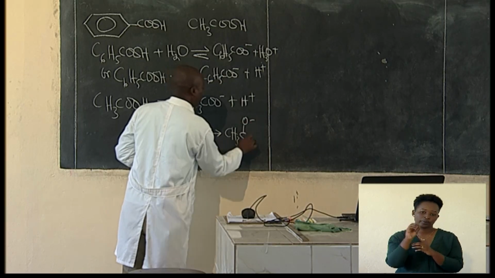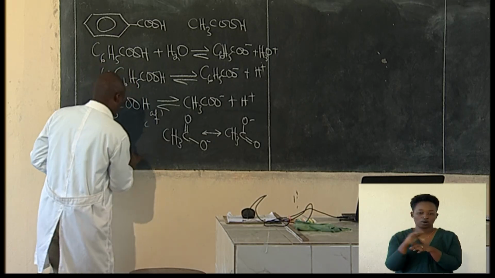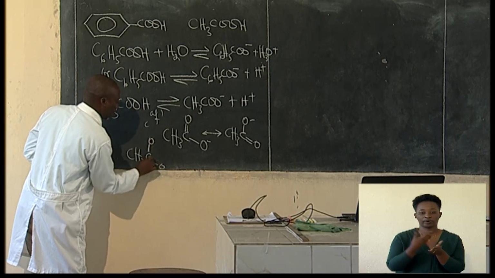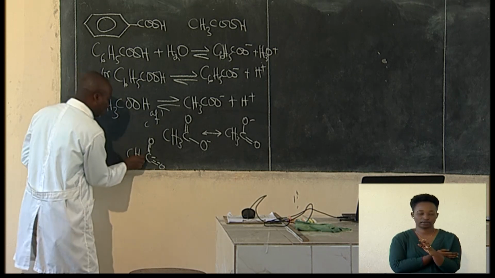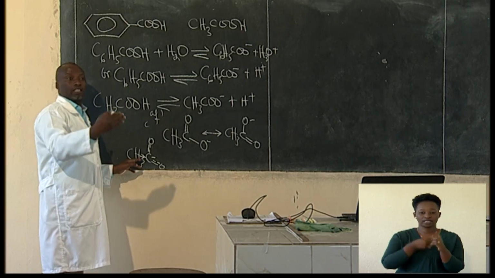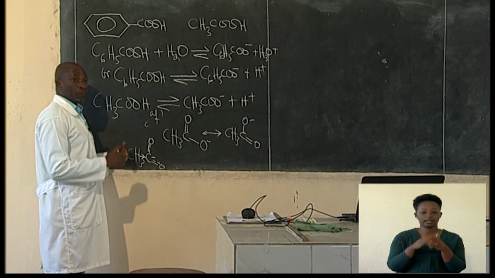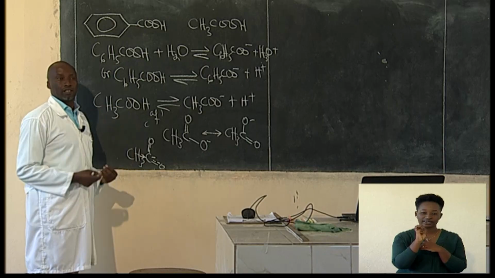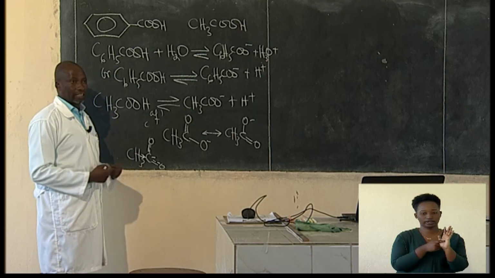It can be written in this form, or in this form where you have the oxygen here with the negative charge. These are dotted arrows. This methyl group has a positive inductive effect, so it donates electrons towards this carbon, and therefore it intensifies the negative charge on this carbon. And that makes it less acidic.